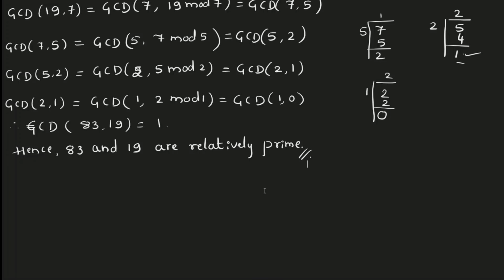We'll check those various scenarios for two numbers to be co-prime, relatively prime.